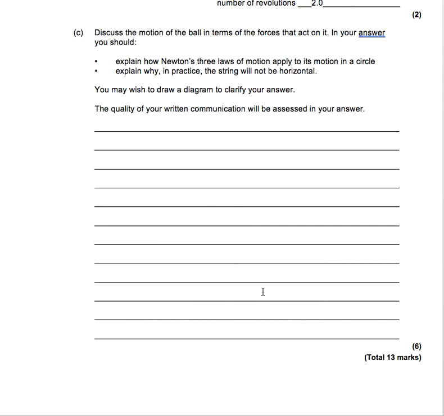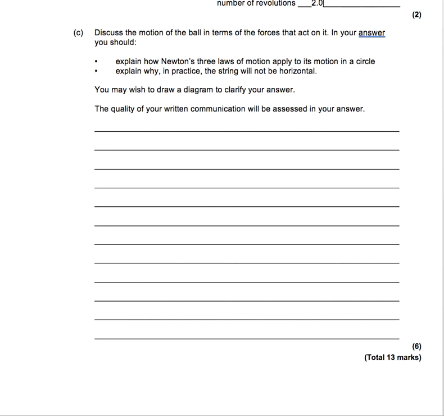Thinking about this, I'm going to take Newton's first, second and third laws one by one. Newton's first law says that the ball will remain at rest or in a state of constant motion unless acted on by a resultant force.